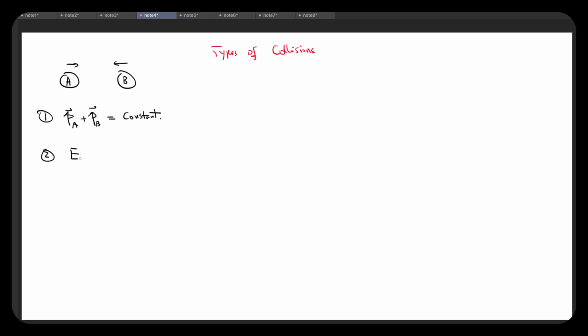Okay, so the mechanical energy symbol is E, and is defined as K plus U. Now K here is called kinetic energy, and U here is called potential energy.